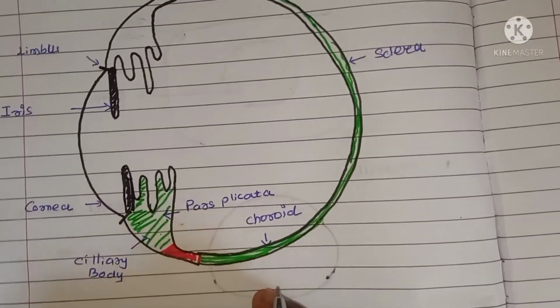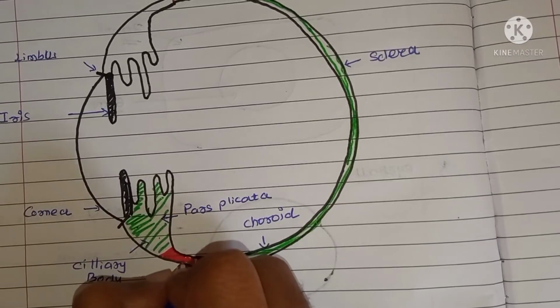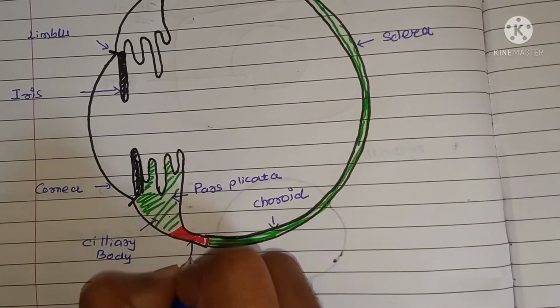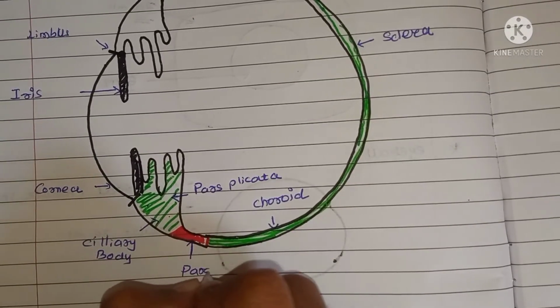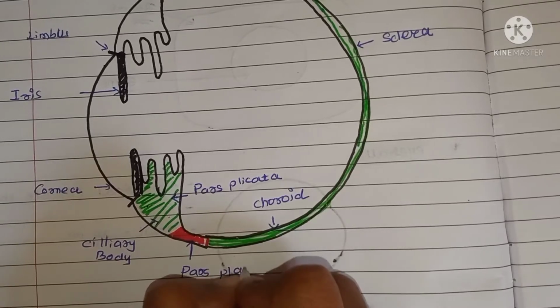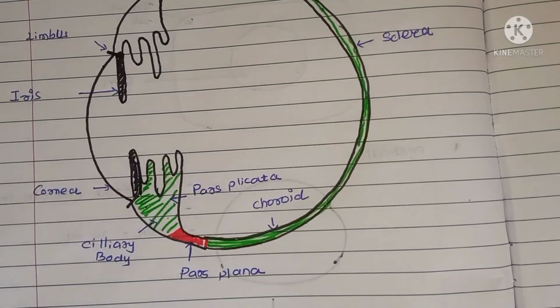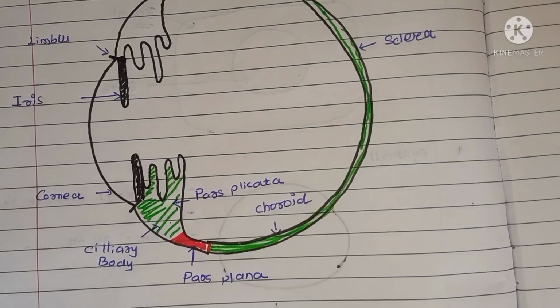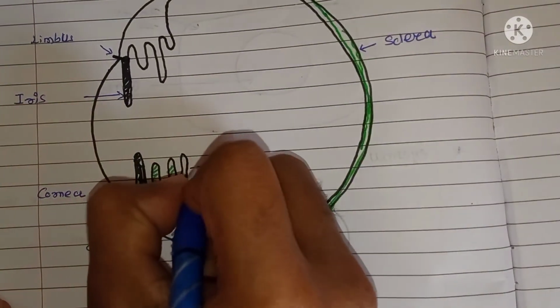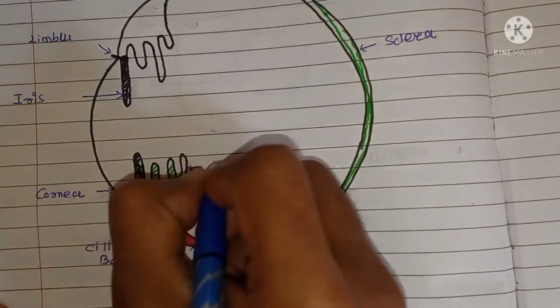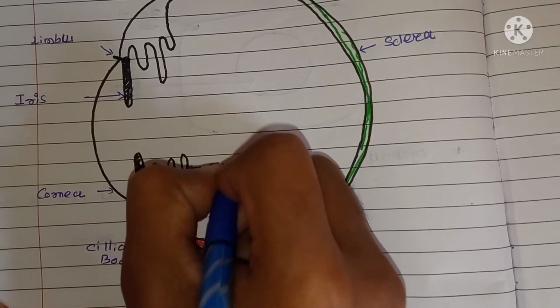While this part of the ciliary body is known as pars plana. And this part of the ciliary body is known as ciliary processes.